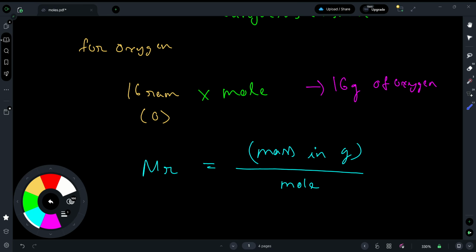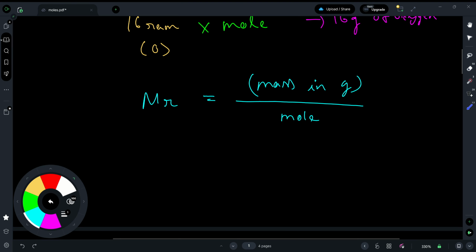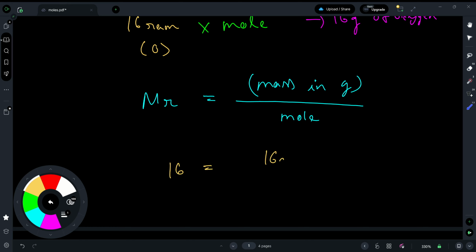We multiplied by mole here, we divided by mole here, right? There's an equal sign or an arrow, but same thing. So for oxygen, as we did, oxygen has an Mr of 16, which equals 16 grams per mole.